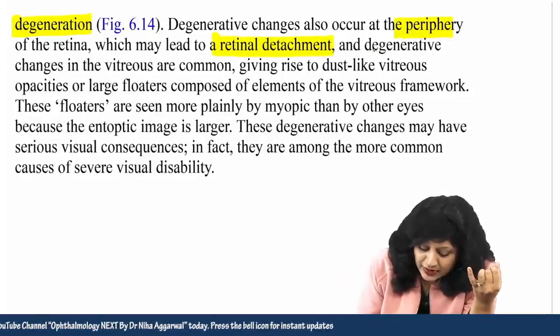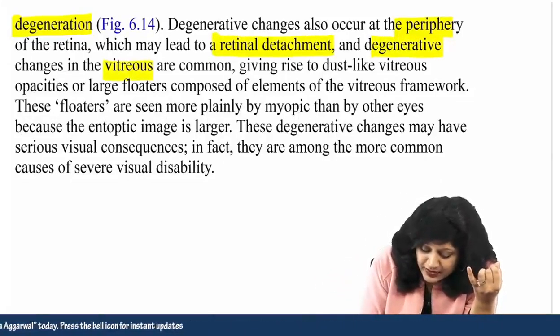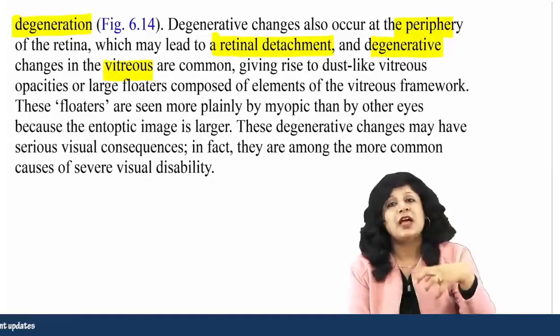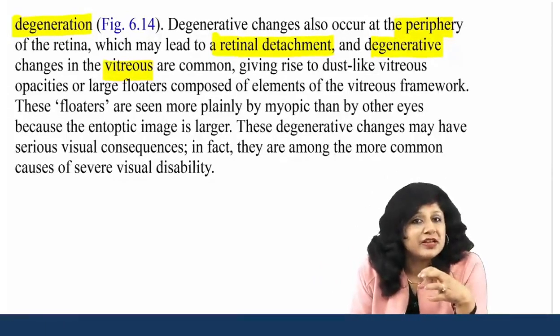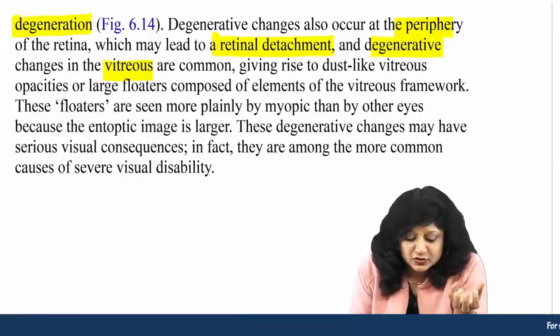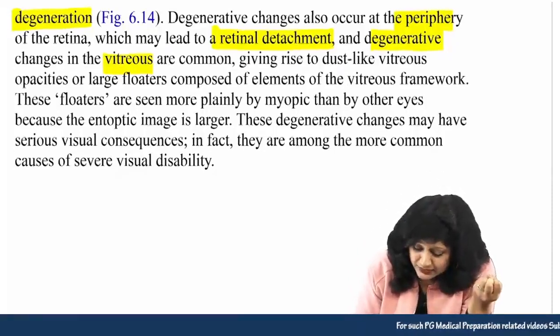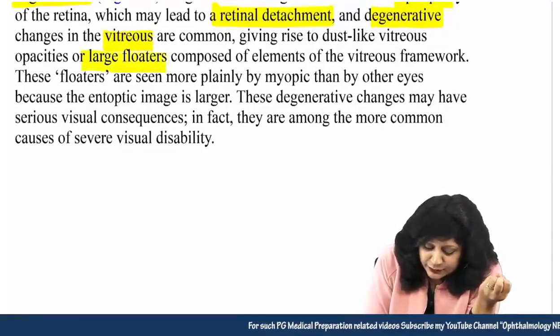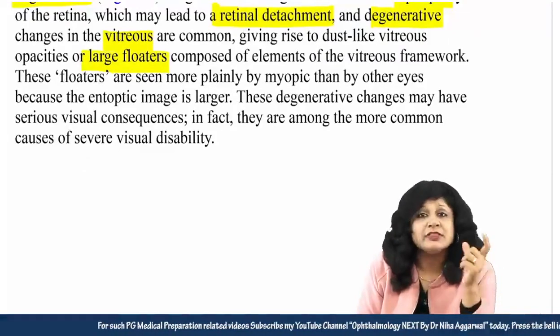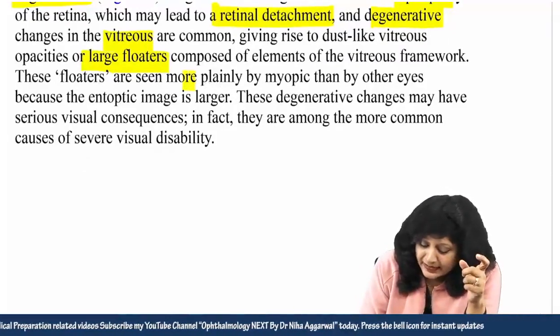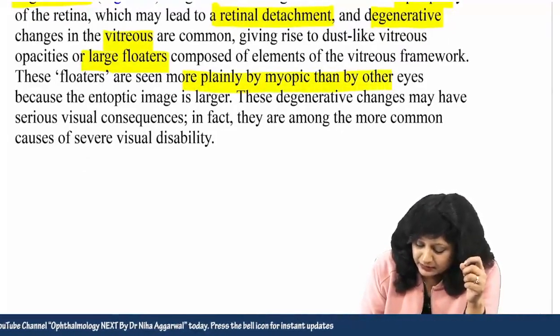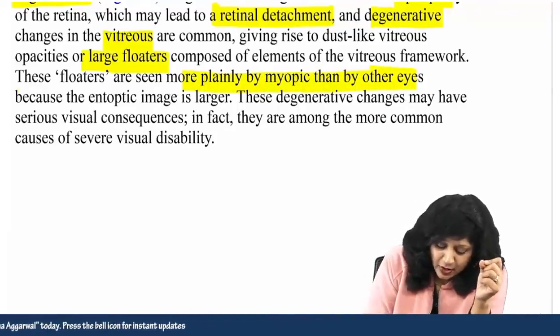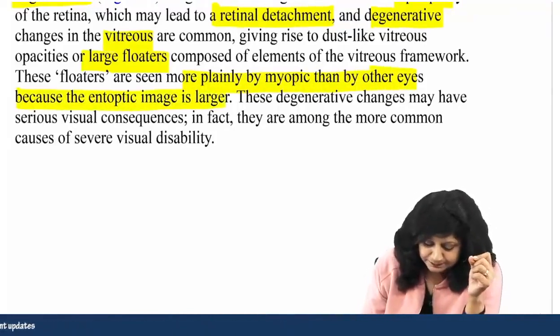Then we can also have degenerative changes in the vitreous. Whenever you have degenerative changes in the vitreous, vitreous being a gel-like structure, they form clumps, and therefore they are seen as floaters. These floaters are seen more plainly by myopes than by other eyes, because the entoptic image is larger.